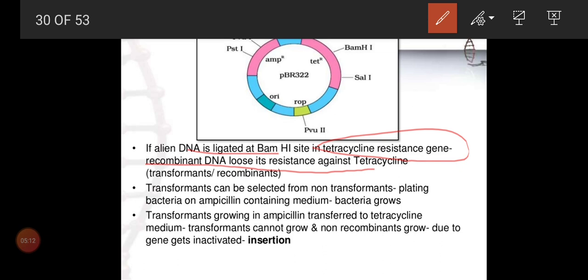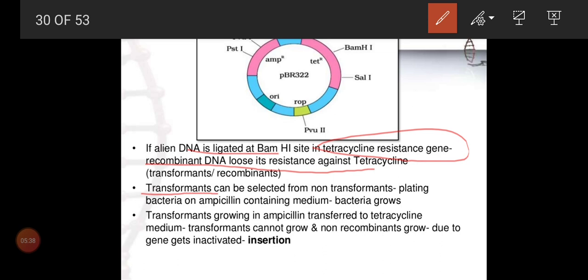So normally this recombinant won't have any tetracycline resistant power. Why? We cut over the restriction site of BamHI, so the tetracycline resistant gene present over there is removed. So this pBR322 containing the desired gene won't have a tetracycline resistant gene. Is it clear? Okay.